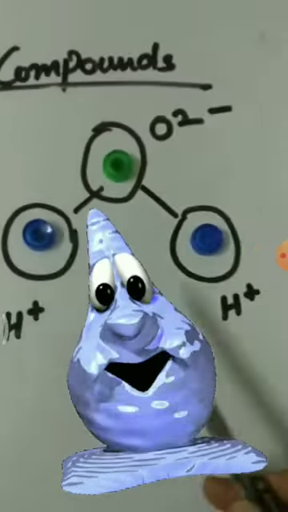It will not allow electric current to pass through it. But when we add hydrochloric acid and sulfuric acid in the water, it is called acidulated water. Then acidulated water is the good conductor of electricity.